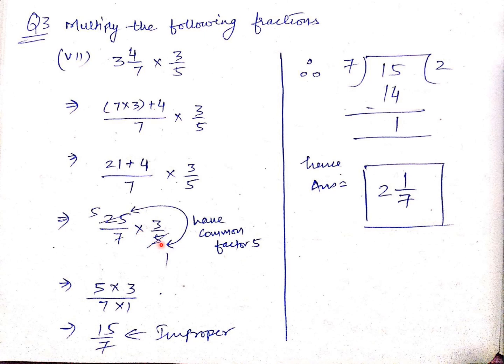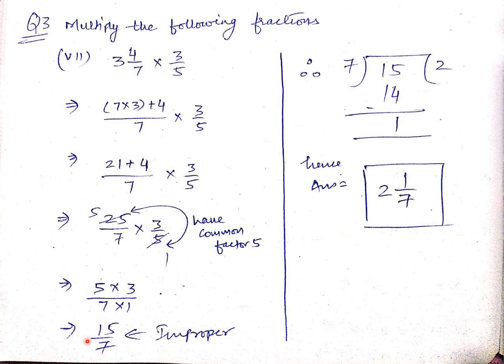So if you see, this 5 and 25 have a common factor, that is 5, which means they both come in the table of 5. So we can reduce them like this: 5 ones are 5, 5 fives are 25. So we have got 5 into 3 as the numerator and 7 into 1 as the denominator. So 5 3s are 15 upon 7.